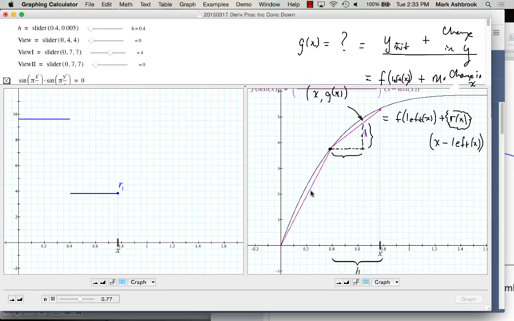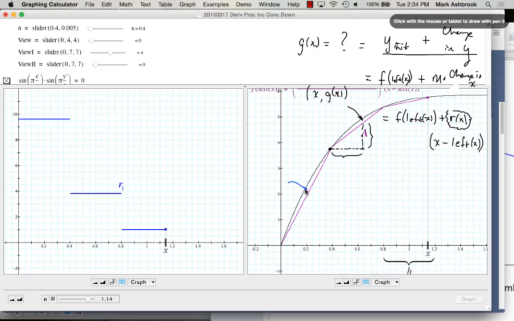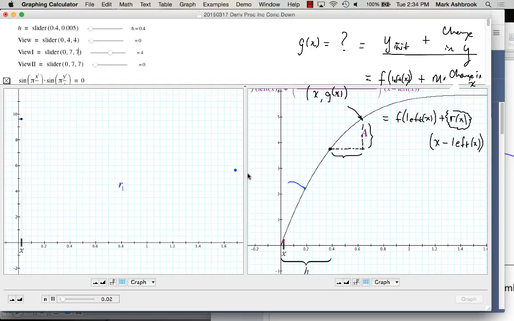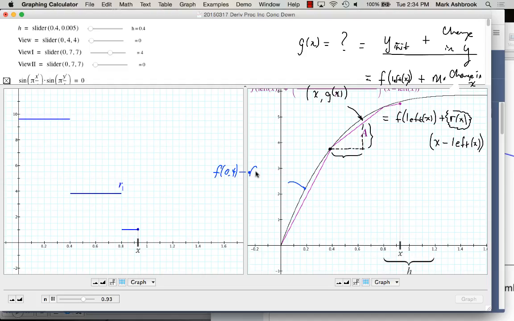It's calculated by change in y over change in x. So the change in y is going to be what? F of 0.4 minus f of 0, over change in x, which is just 0.4.